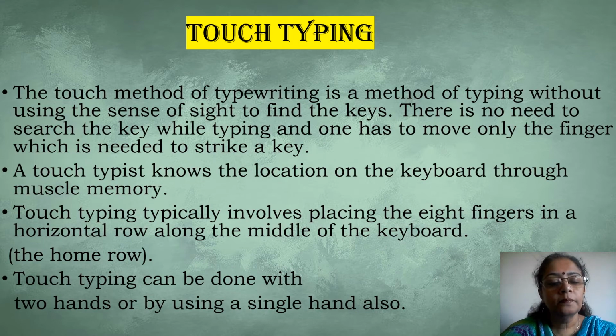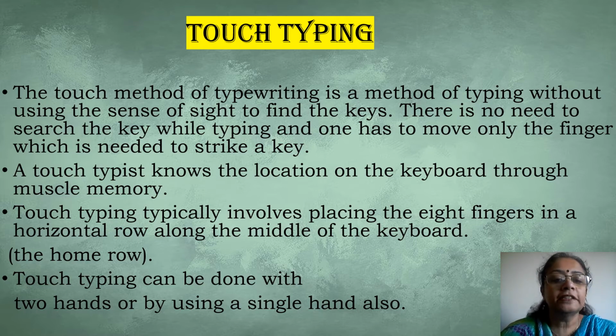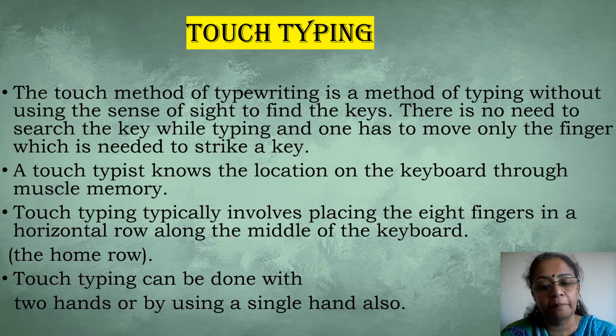Now, the important thing is to understand something called touch typing. Touch typing is a method of typing without using the sense of sight to find the keys. There is no need to search for the key while typing, and one only has to move the fingers which are needed to strike a key.